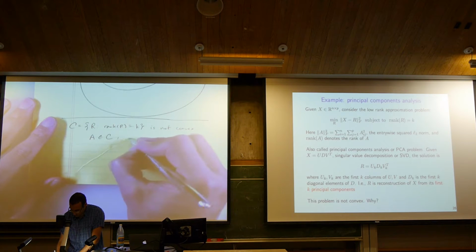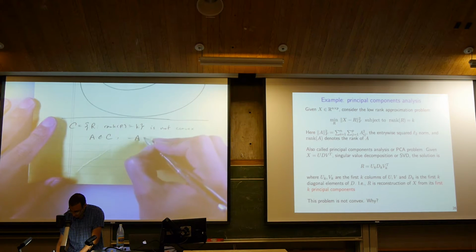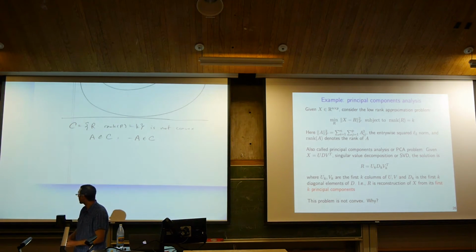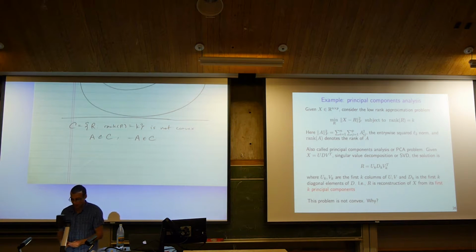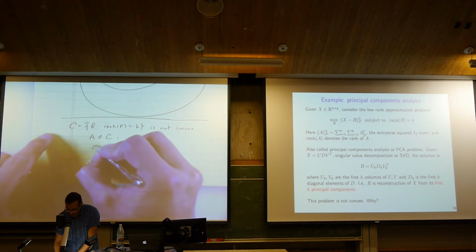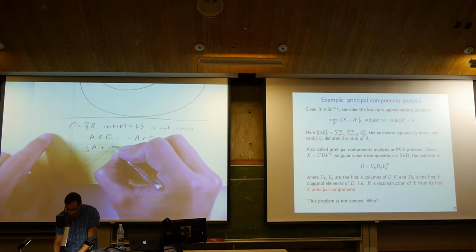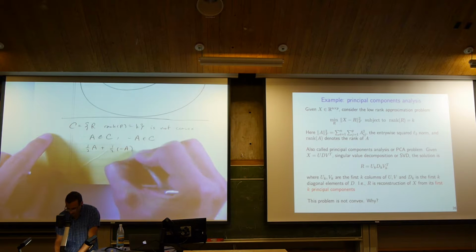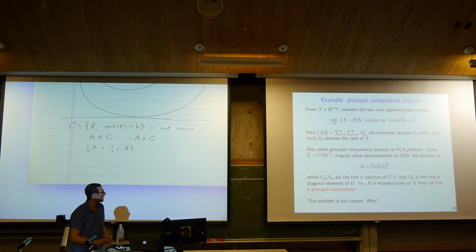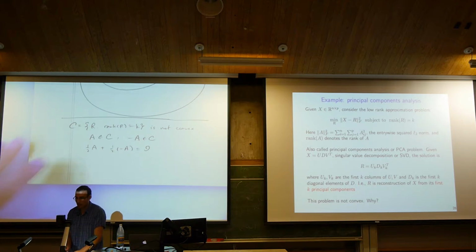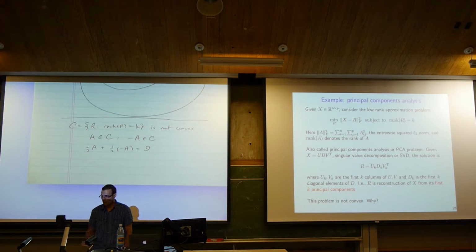Then certainly minus A is going to be in C. It's also going to be rank k. And if I take half A plus half of minus A, this is a convex combination of A and minus A, and it's the 0 matrix. It's not going to have rank k, so it's certainly not going to be in the set.